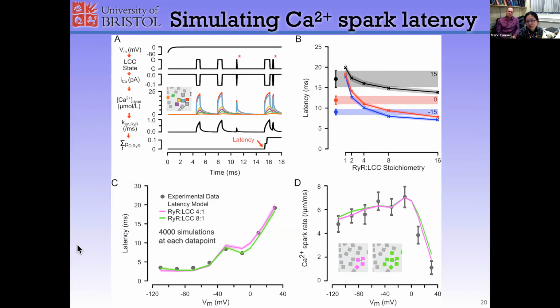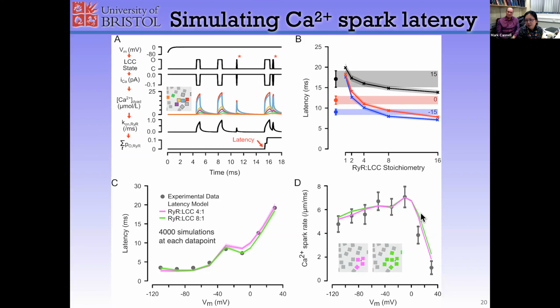Using either a stoichiometry of 4 to 1 or 8 to 1 RYRs per LCC, we were able to reproduce the calcium spark latency during RP, as shown in C, as well as the voltage dependence of calcium spark rate during RP. So I didn't show this experimental data before, but just want to point out some features.